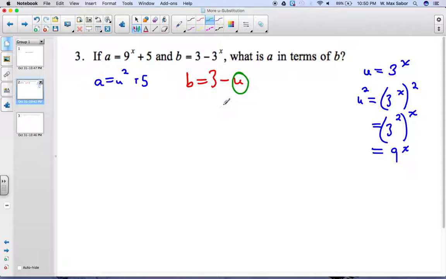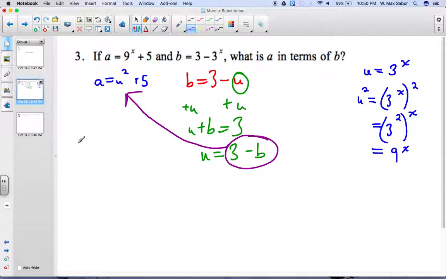So I'm going to add u to both sides. u plus b equals 3, and then u equals 3 minus b.